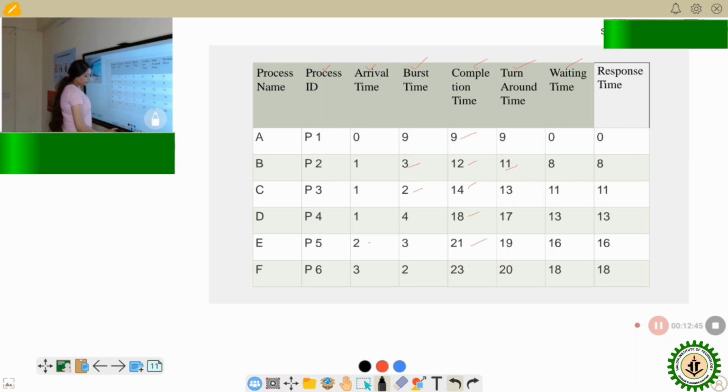Next we are going to calculate the turnaround time. What is the turnaround time? We know the formula: completion time minus arrival time.